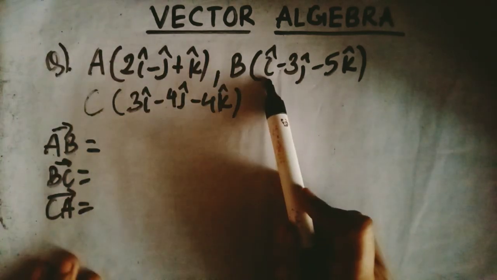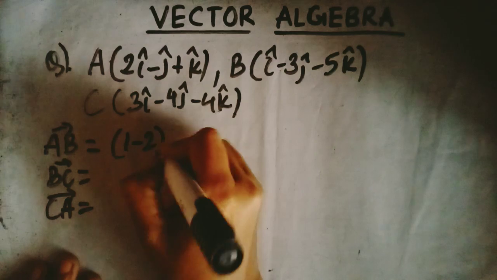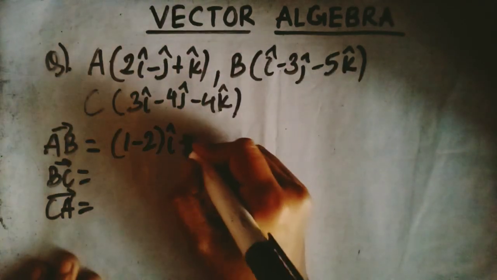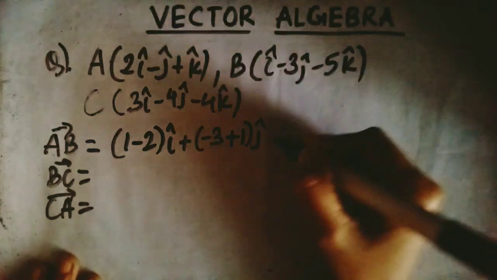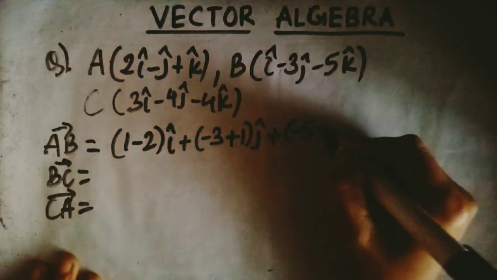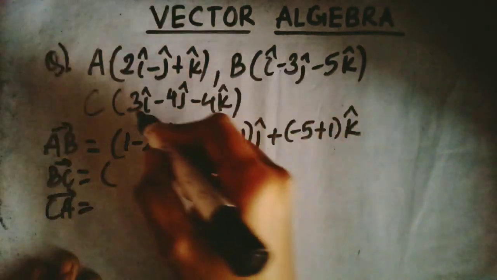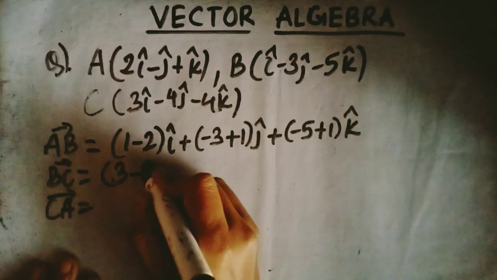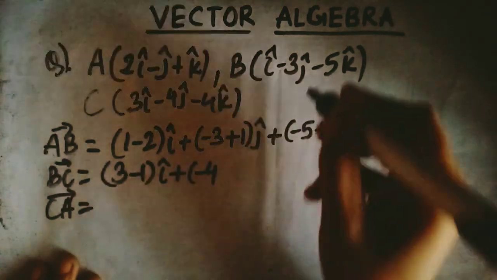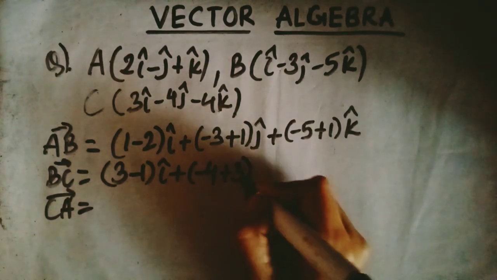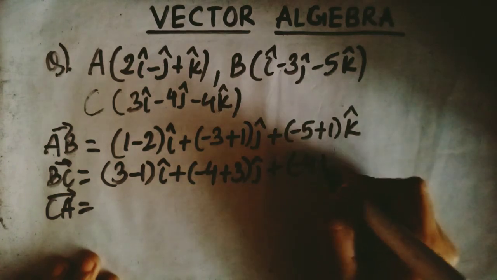So 1 minus 2i, minus 3 plus 1j, minus 5 plus 1k. For BC, 3 minus 1i, plus minus 4 plus 3j, plus minus 4 plus 5k.